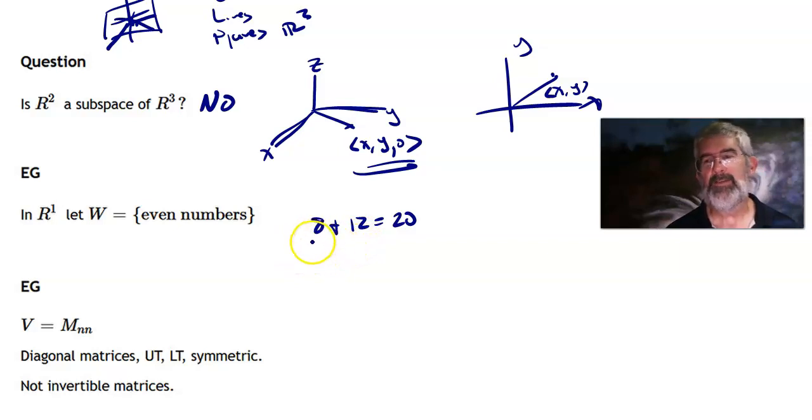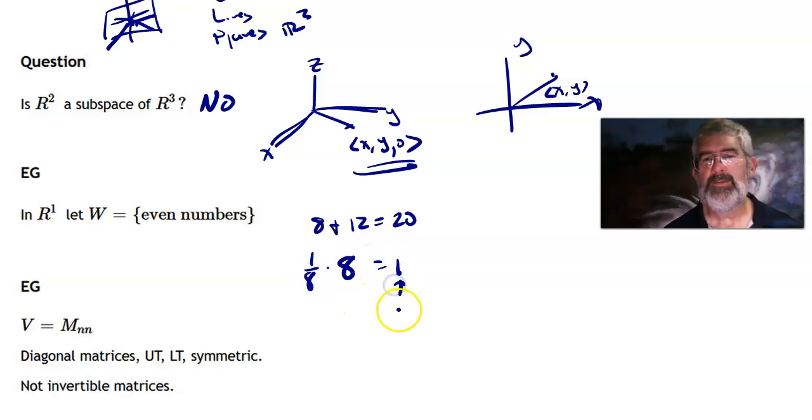However, if you look at axiom 6, scalar multiplication, it's not the case, because in R1 the vectors are all numbers. So if I take the number 8 and I do scalar multiplication with, let's say, the scalar 1/8, I get 1.